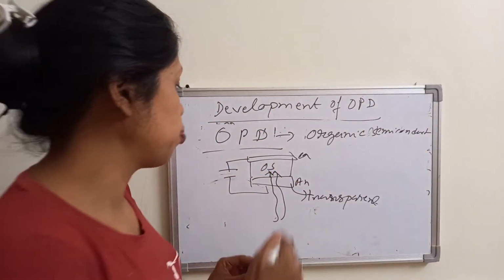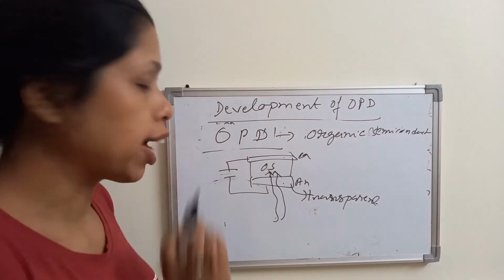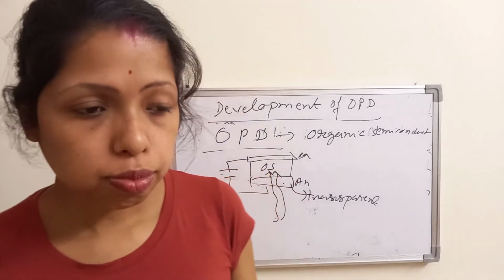Then the free carriers will be collected by the cathode and anode through the external circuit. This is the main mechanism of the organic photodetector.